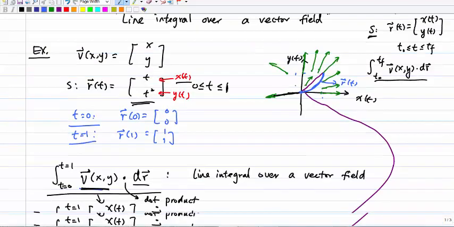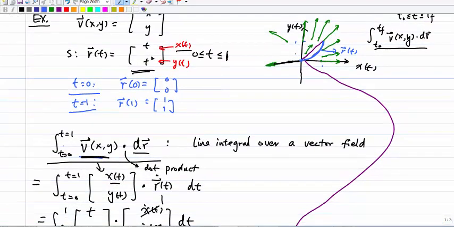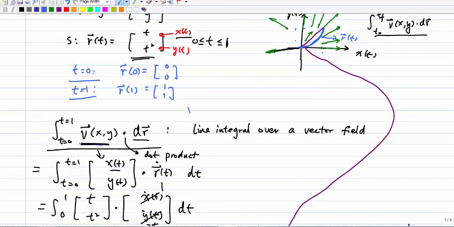If you do the line integral over the vector field, which is the integration from t equals 0 to t equals 1 of V dot dr, this is a dot product. Remember that V is (x, y), and I have to replace x by x(t) and y by y(t).